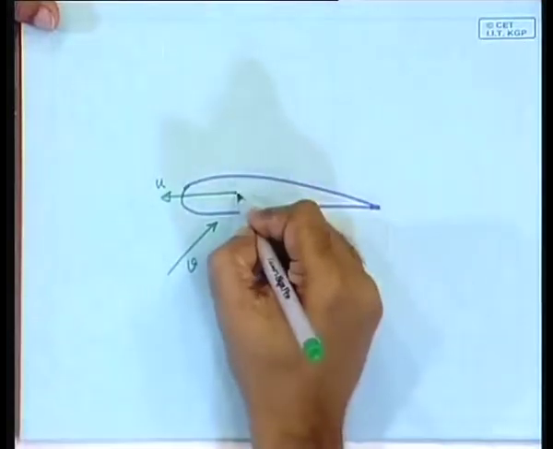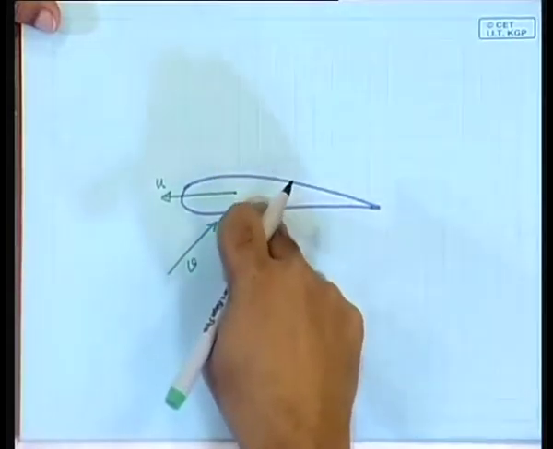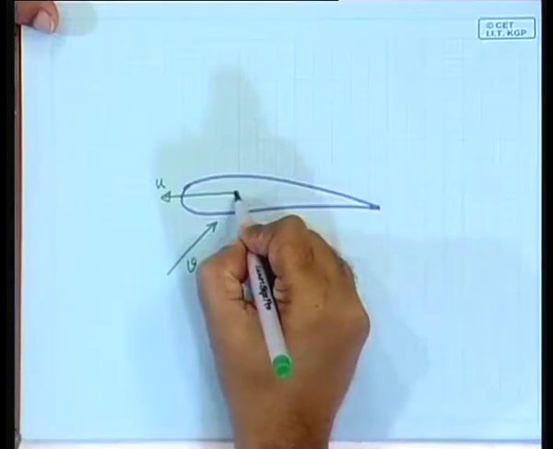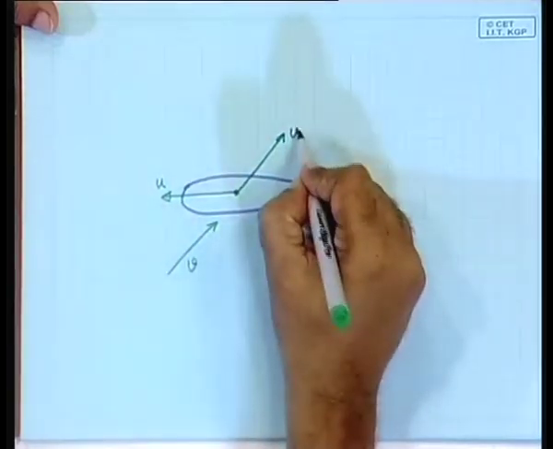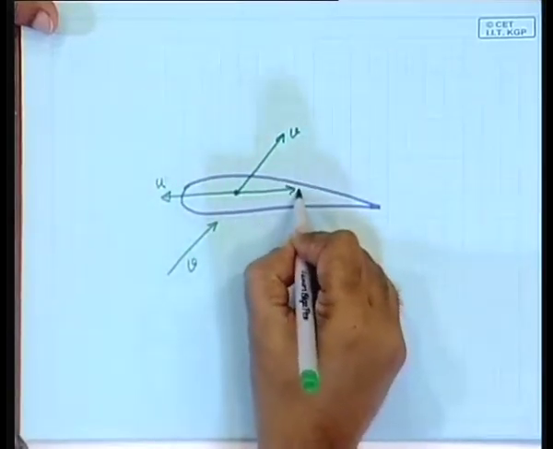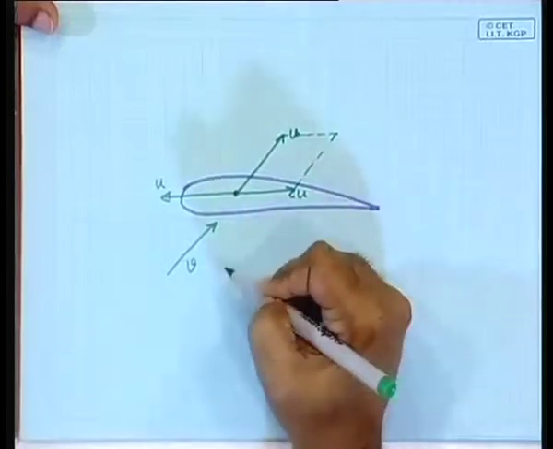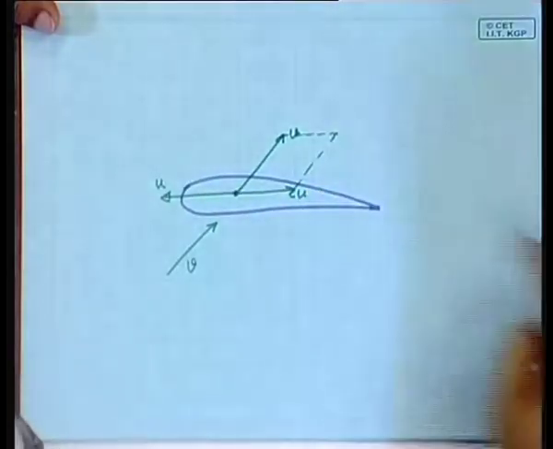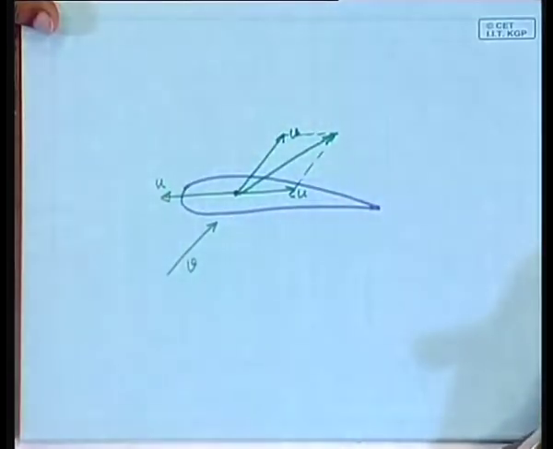Simple really, because in that case you have to consider the speed of the wind as seen by the airfoil. You will have to take this V, and you have to take the negative of U. You will have to obtain the parallelogram, and I will say this is the speed seen by the airfoil.